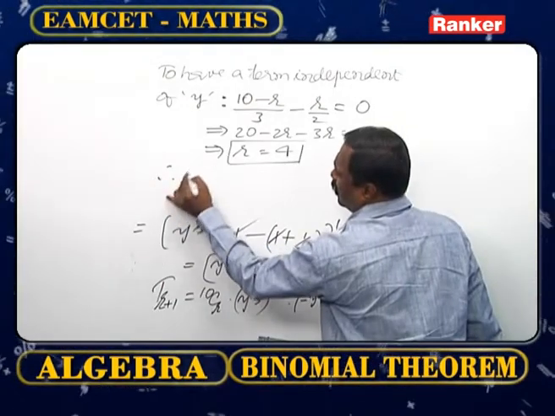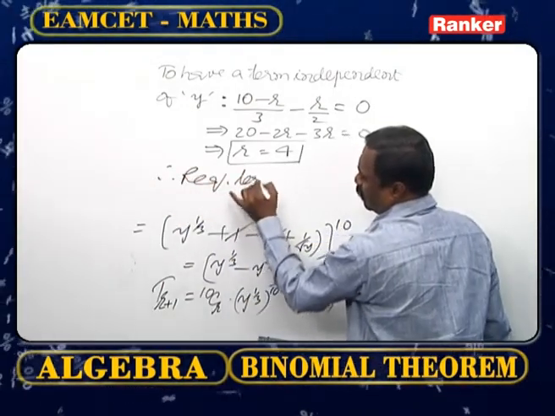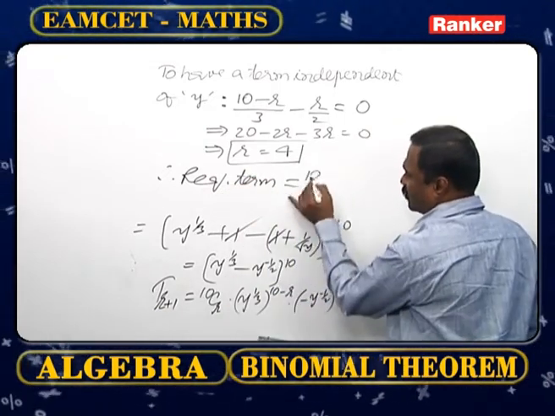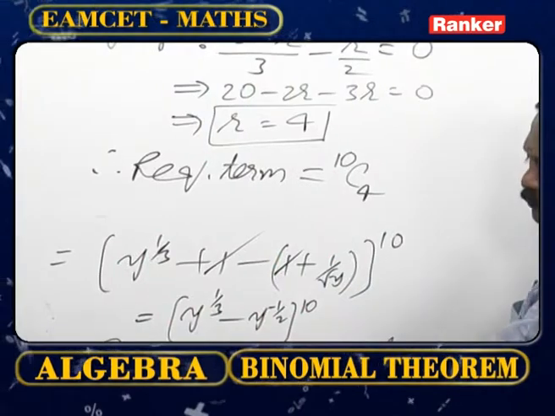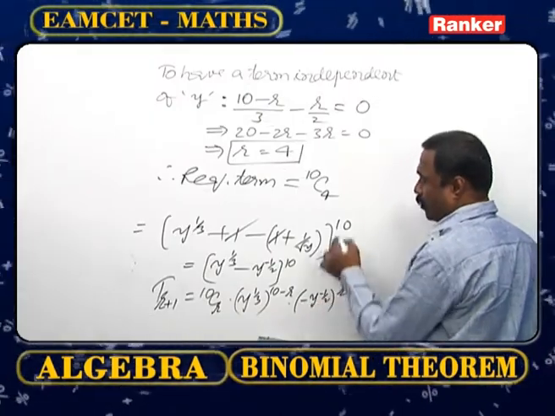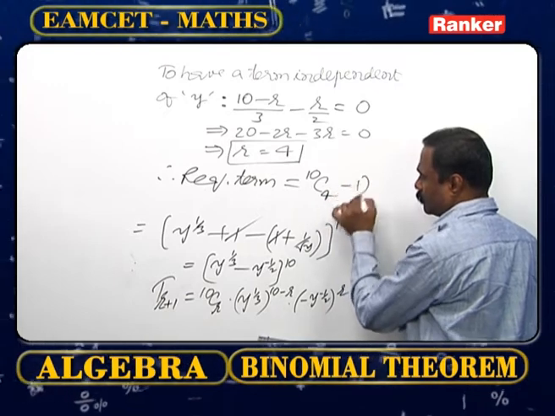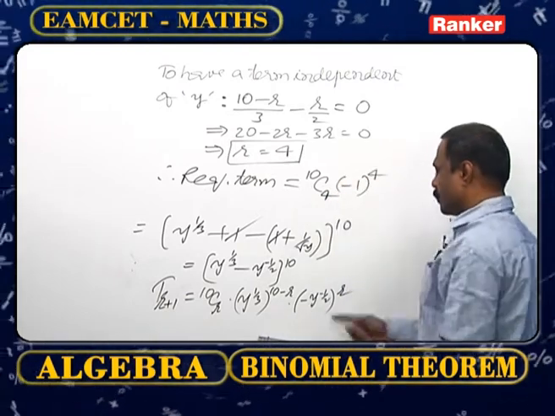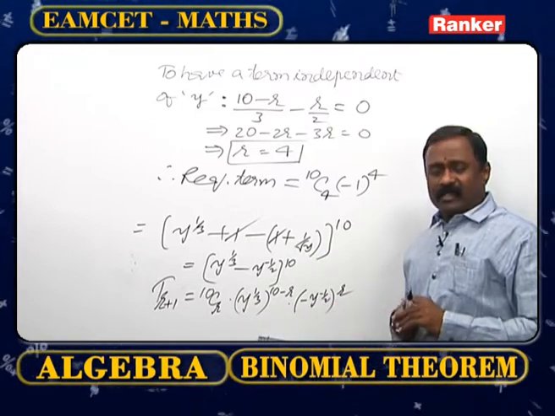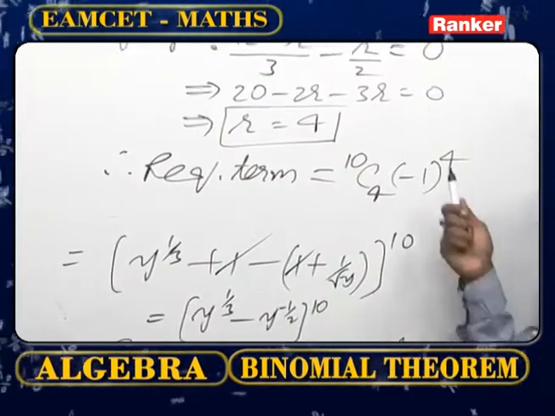Therefore, required term, write r is equal to 4 here. It is 10c4 into minus 1 whole power 4. This need not be written because that becomes plus 1.